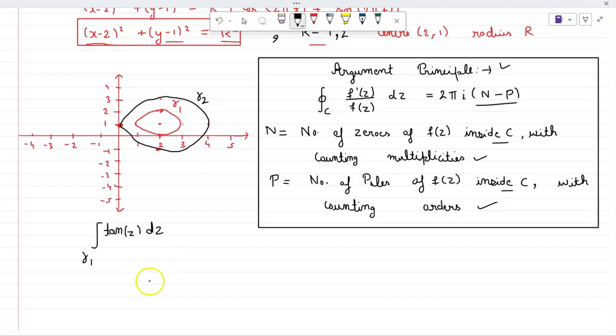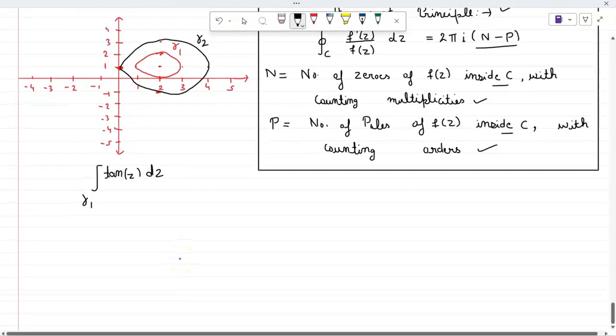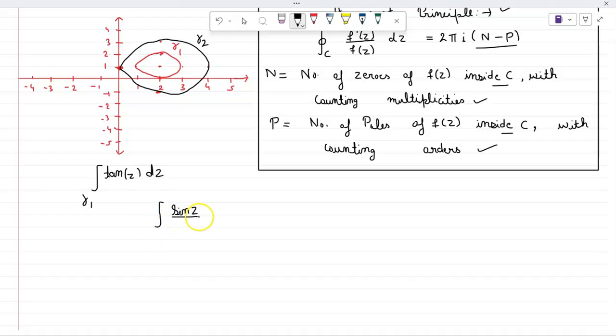So we can write tan z as sin z over cos z. The derivative of cos z is minus sin z, so we multiply it by minus.